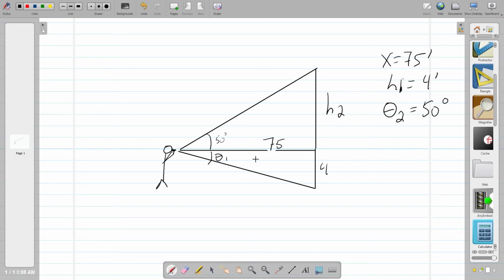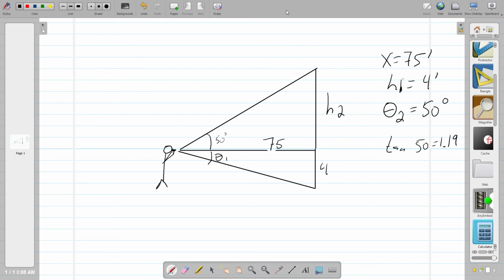I wish my calculator was working, but it's not. So we'll go back to here and we'll say, what is the tangent of 50 degrees? Tangent of 50 equals 1.19.